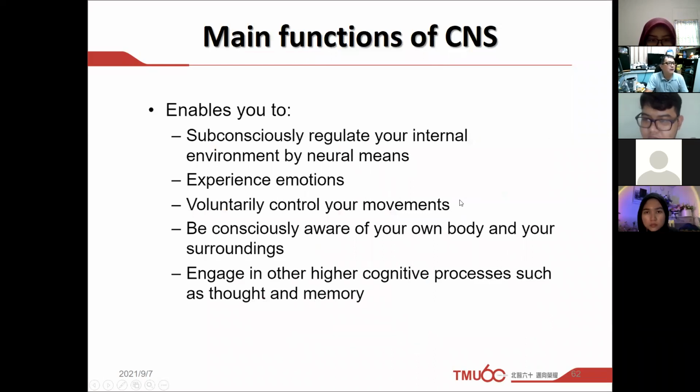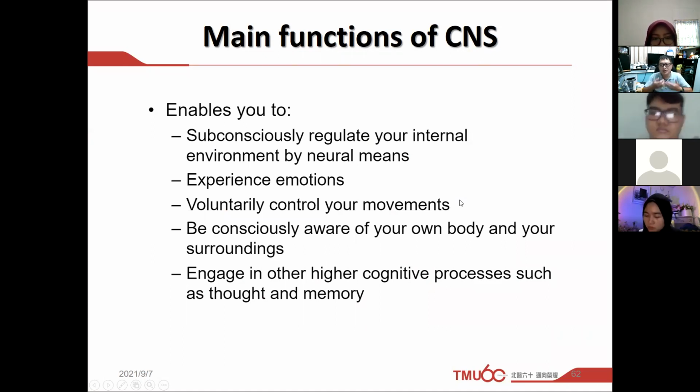So we finished the structures for protecting the CNS. Now we are going to talk about the main function of the CNS, the brain. It allows you to see, to read, to taste, to put all information together and turn it into knowledge, into how to present yourself.